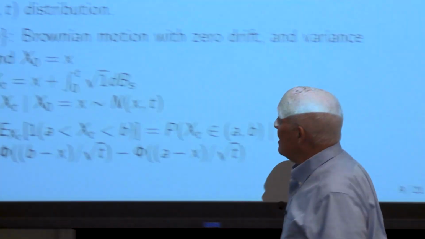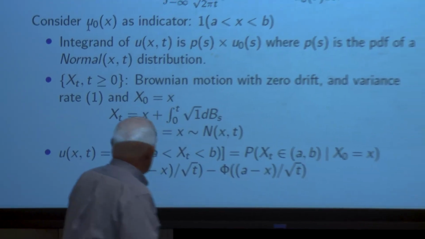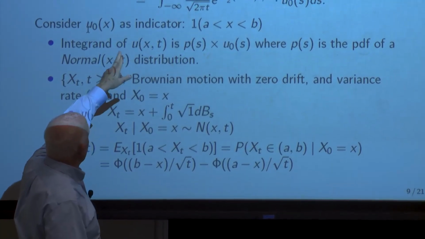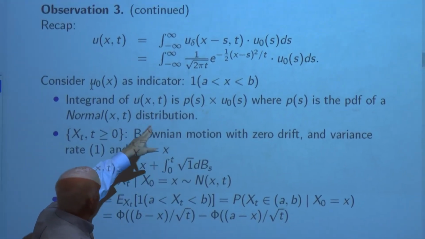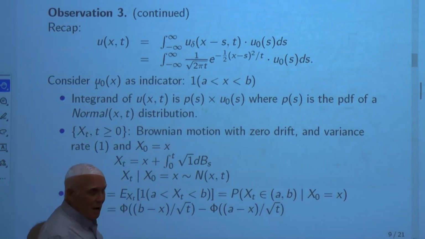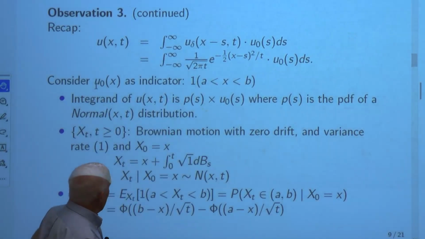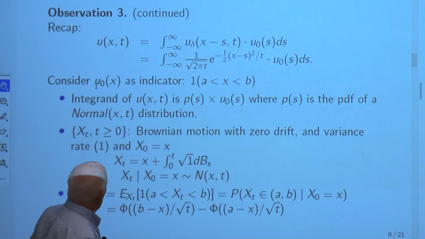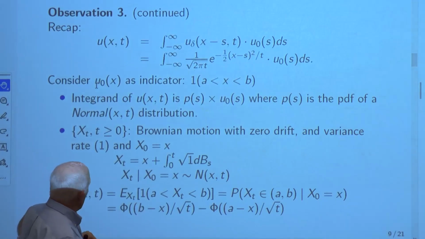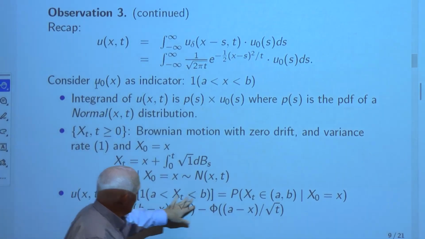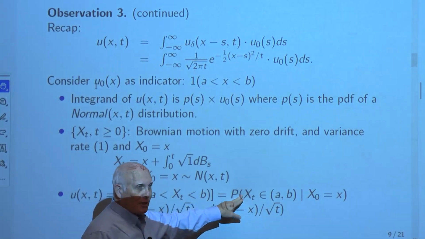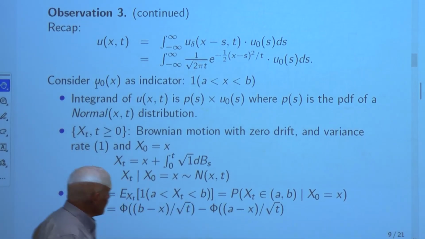And it turns out that the expectation of u-naught, the indicator function, with respect to this Gaussian density, is simply the probability of lying between a and b. So u of xt, as defined in the top, is simply the expectation of the indicator function, which is the probability of lying between a and b.